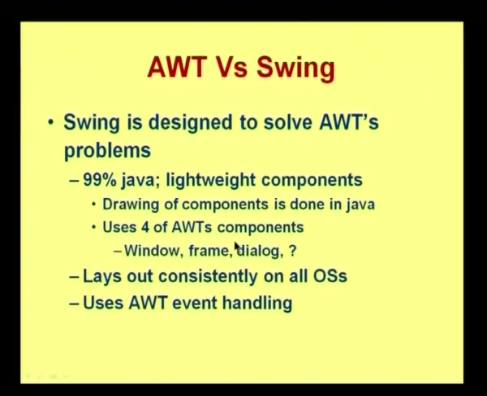Drawing of components is done in Java, and it uses 4 of the AWT components. This basically uses already available AWT components such as window, frame, and dialog. Whenever I say AWT, we have a set of components available, and when you go for Swing, you have a different set of components.